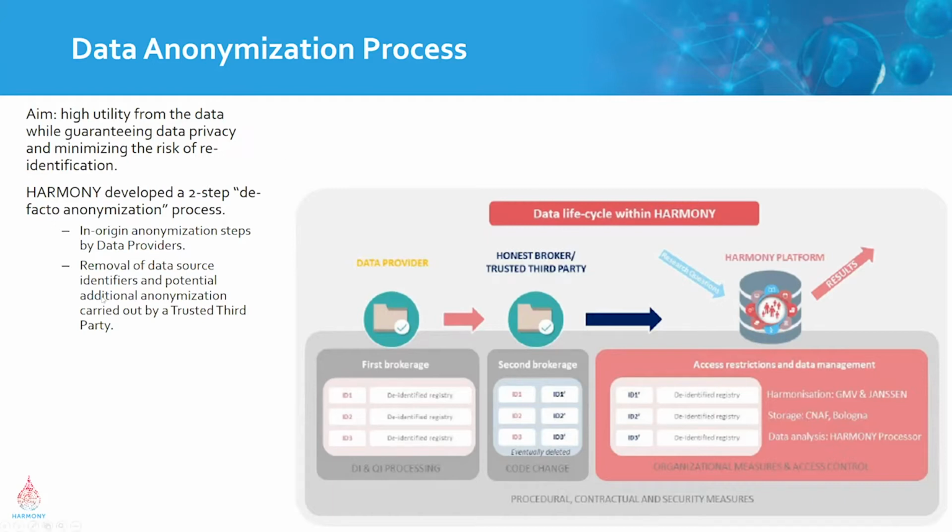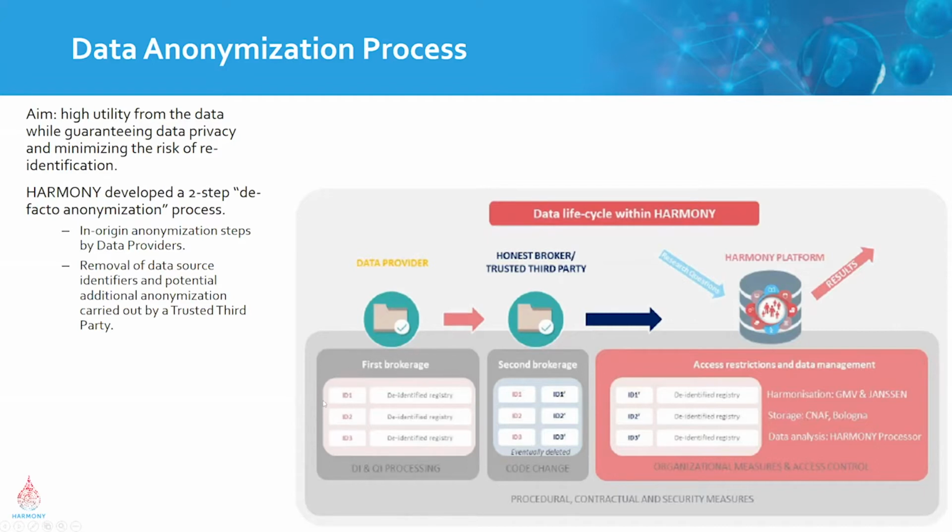So the process is called a two-step de facto anonymization process. What it means in practice is you have a trusted third party, right? And this is the University of Ulm in Germany. As a data provider, you submit data to the trusted third party. They remove all the identifiers.